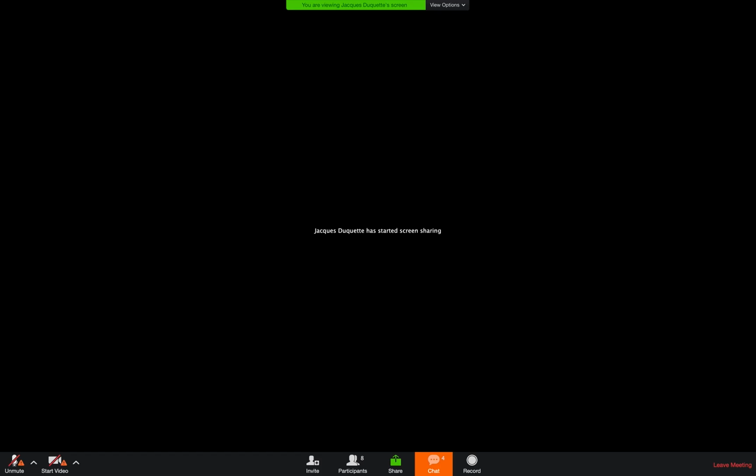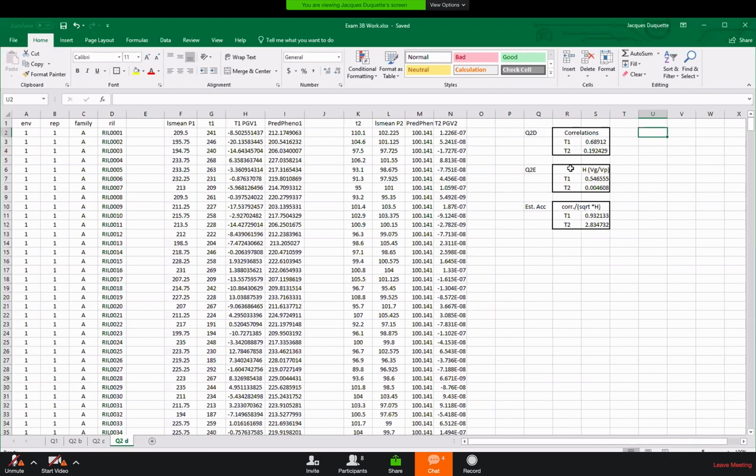So you have your correlations here, and you have your heritability from 2C, right? And so you take your correlation and divide it by the square root of your heritability. I see. That's not so nasty.